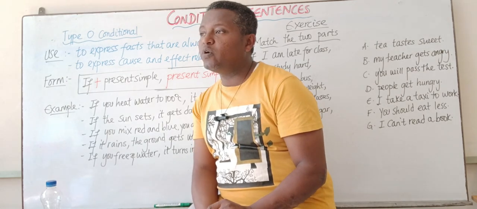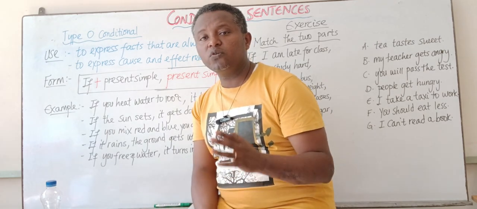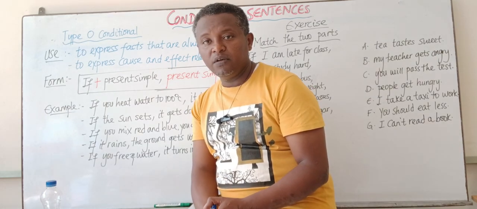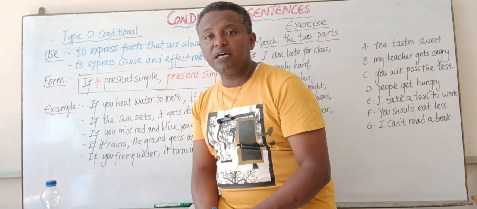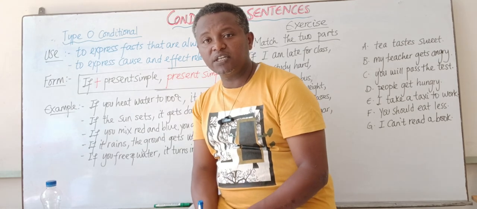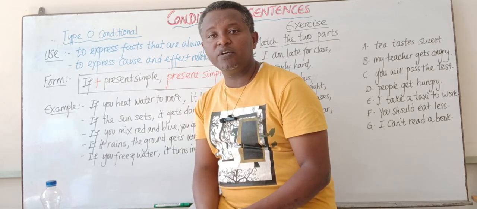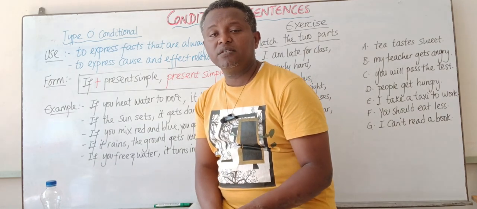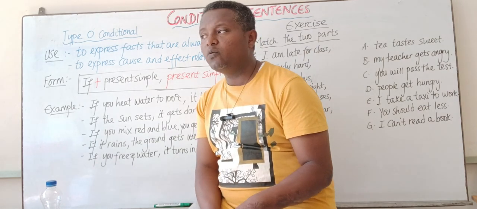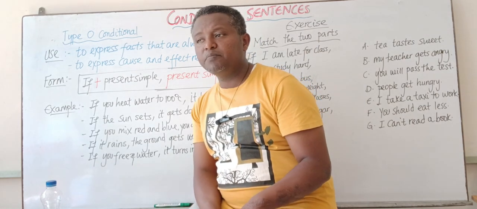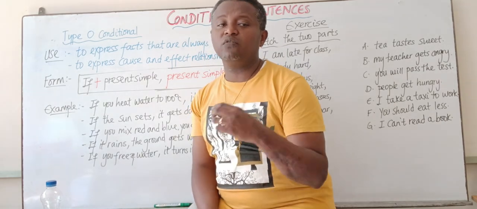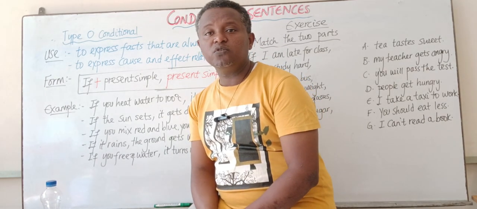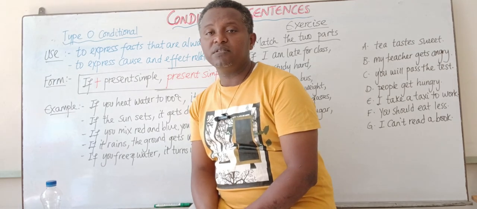So when we want to talk about those issues, we use conditional type 0. It also has another function. The other function of conditional type 0 is to express cause and effect relationships, okay? When we want to talk about something that happened as a result of another previous action, we use conditional type 0.